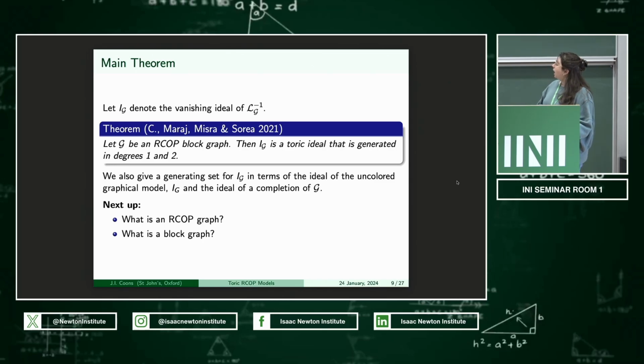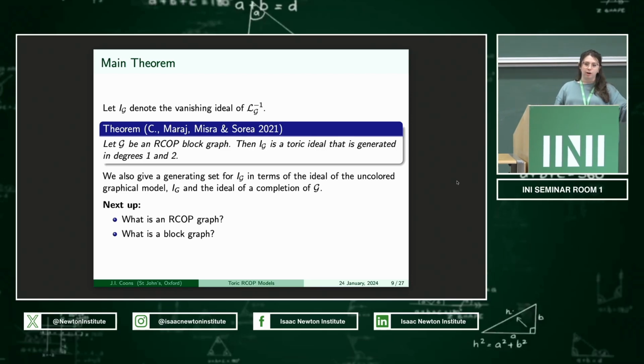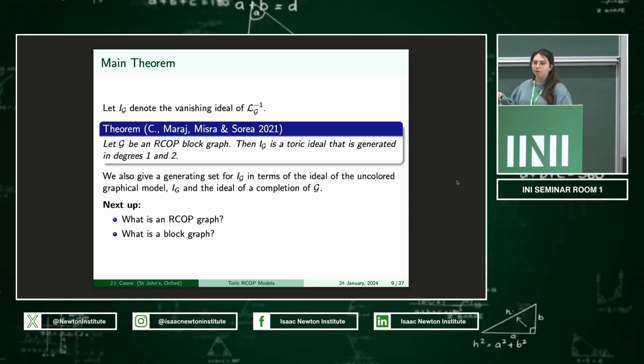In fact, we give a generating set for this ideal that uses the uncolored graph and some colored complete graph that we can get from this G. Okay, so now we need to know what an RCOP graph is and what a block graph is.